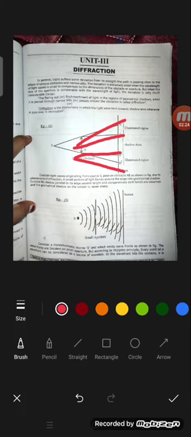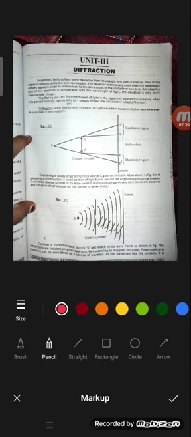Again, consider a monochromatic source of light passing through the wavefronts. A small portion of the light bends at the edge of the geometrical shadow.